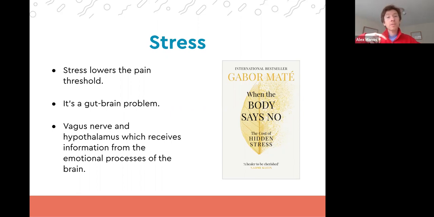The vagus nerve, which is one of the highways that connects the gut and the brain, and the hypothalamus, which is a certain part of our brain, receive information from the emotional processes of the brain. So our emotional well-being is being fed into the hypothalamus and the vagus nerve, and these things are then communicating with and innervating our digestive system and many other processes within the body as well.